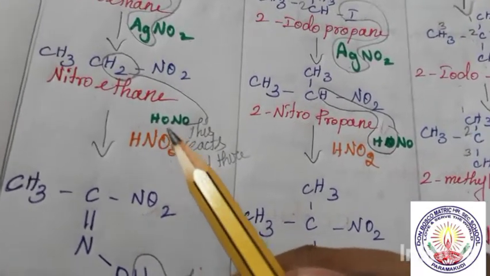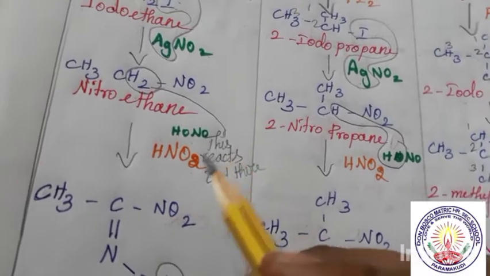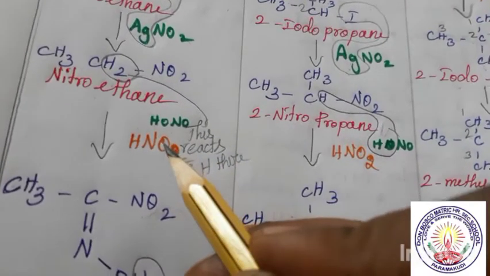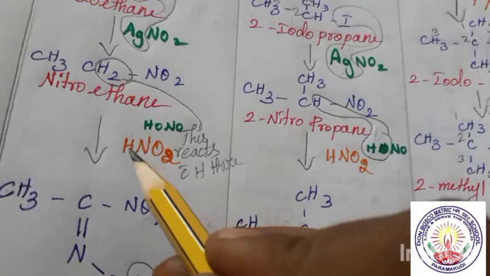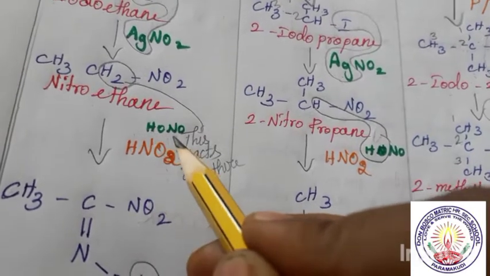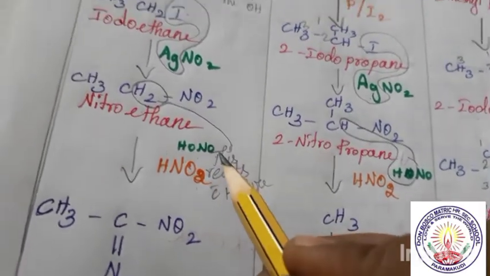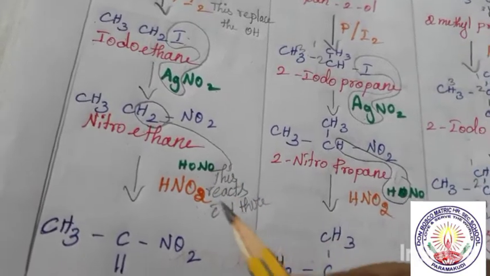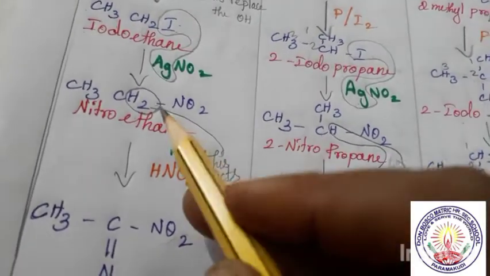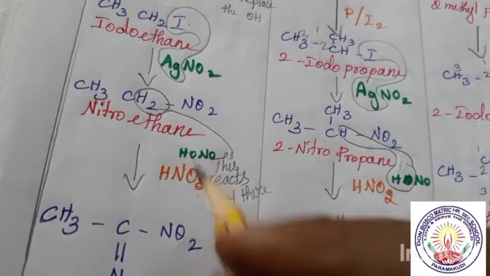So we write HONO, because there are two O, one H and one N. This reacts with the hydrogen here.